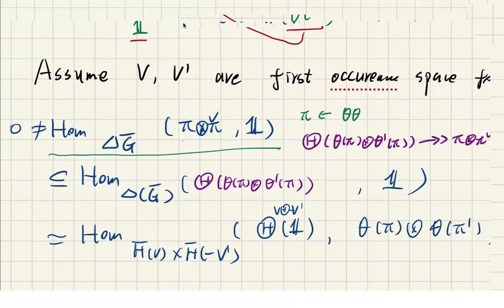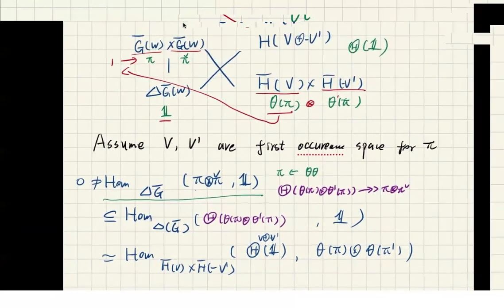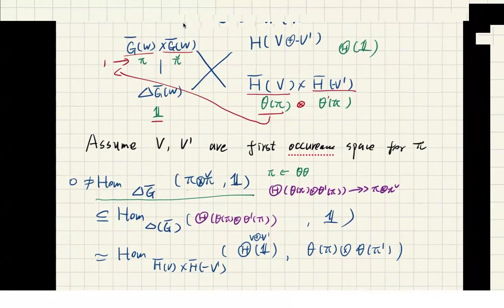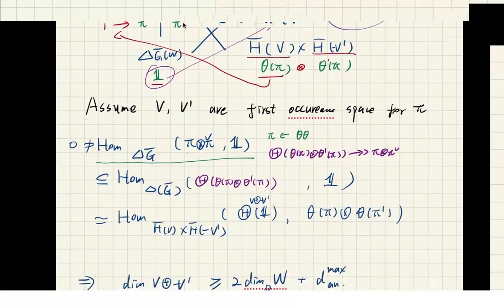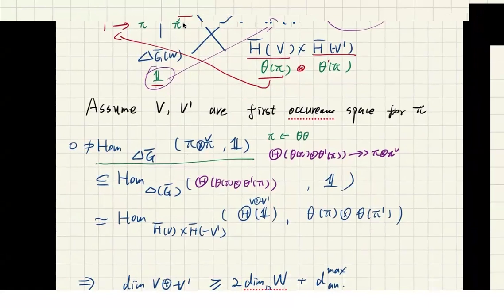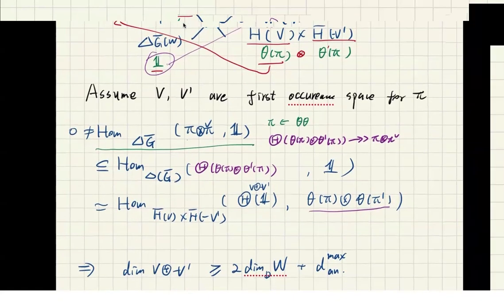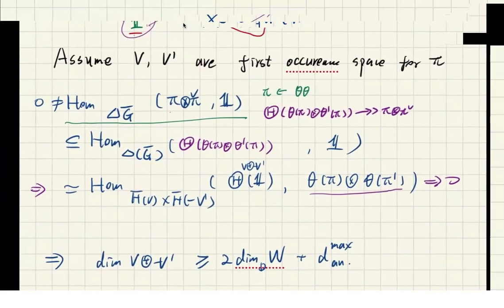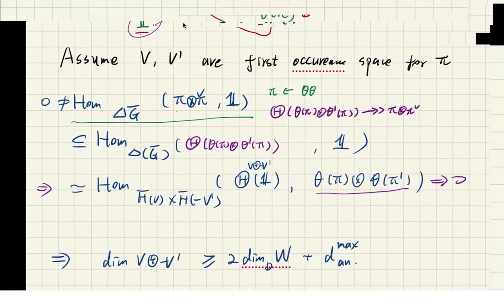And then you apply the seesaw identity. It means that the big theta lift of the trivial representation to here, the big theta of trivial, will have a non-zero space to the theta pi tensor small theta pi prime. So this implies this space is non-zero. But this space being non-zero in particular implies that this theta lift is non-zero.